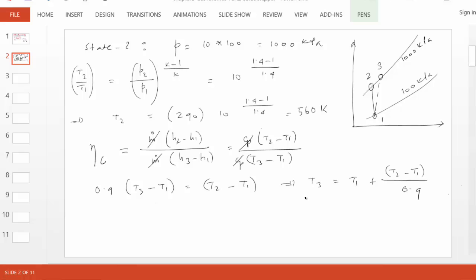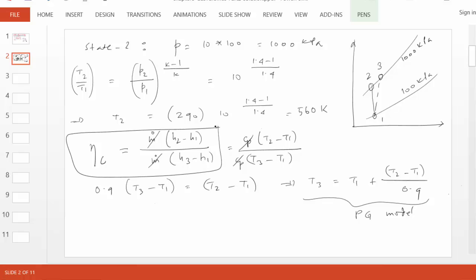Notice that this equation is valid only for the PG model, whereas until this point we did not use any model, so that will be valid also for the IG model.